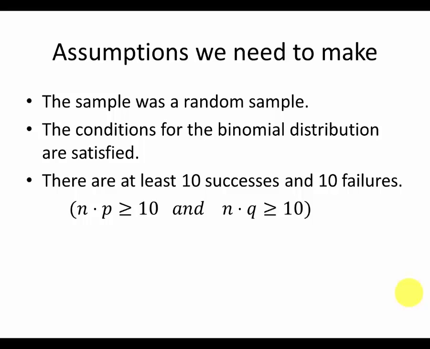That is, we have a two-sided outcome we're looking at, fixed number of trials, probability of success remaining constant, and things like that. Also, we want to make sure that there are at least 10 successes and 10 failures in the problem we're working. And you can check that by multiplying n times p and n times q and seeing they're both 10 or greater.